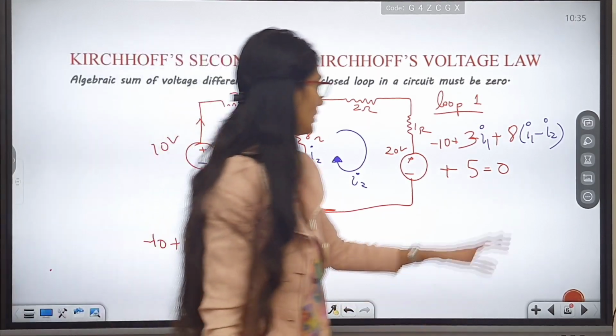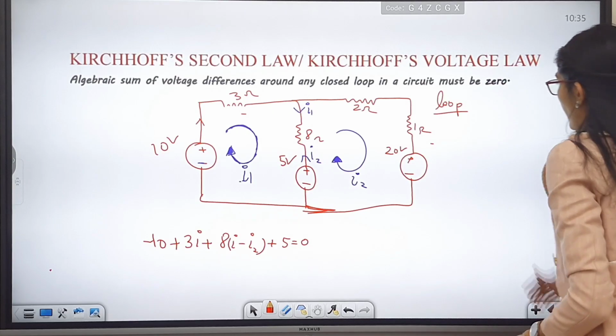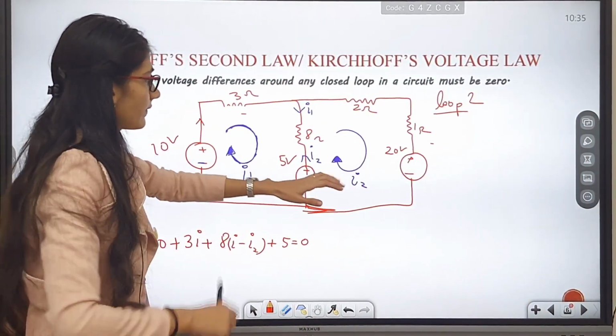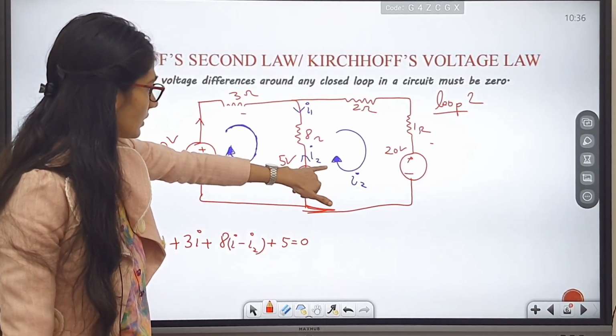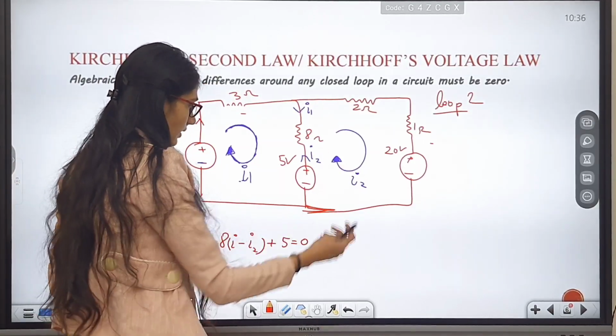So, loop 2. This is loop 2 in which you have taken the clockwise direction. You have assumed the clockwise direction of the current, and it is going like this. We will start from here.